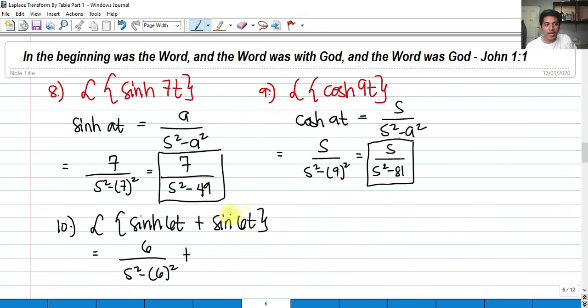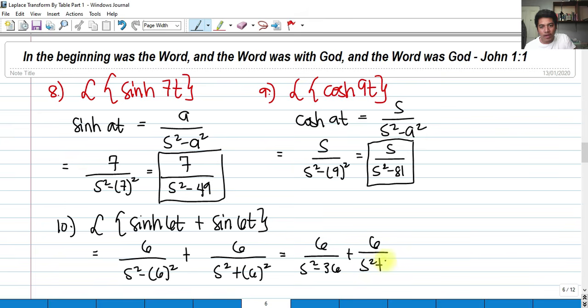Plus this is sine, so simply we have 6, that is our a, over s squared plus, instead of minus, because that is only a trigonometric function. So we have 6 over s squared minus 36 plus 6 over s squared plus 36. And this is the final answer for our last problem for today's video.